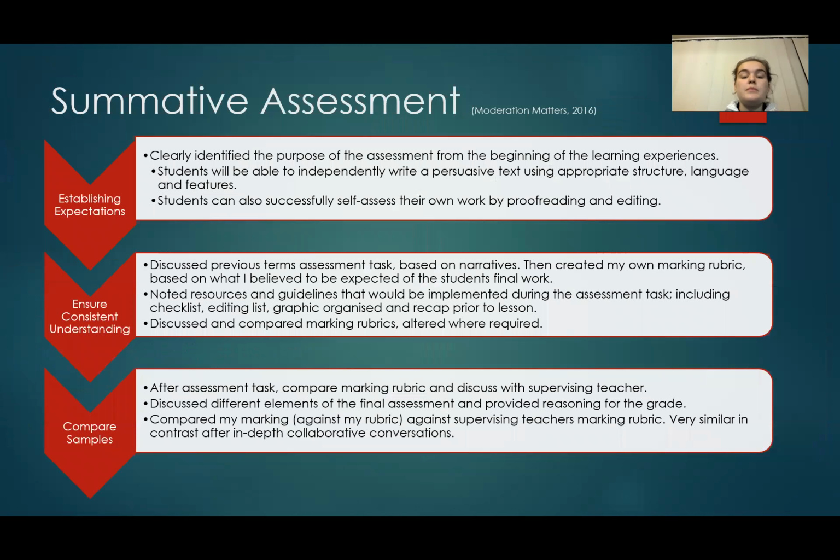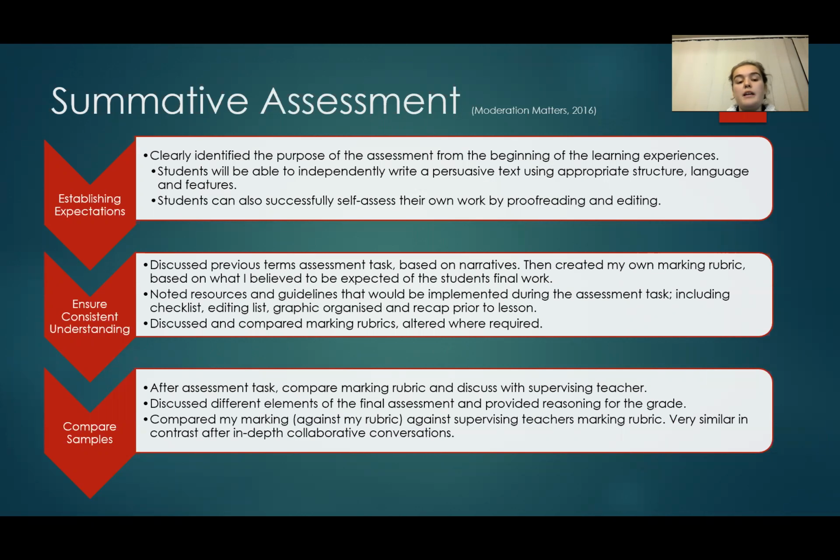I also did a summative assessment collaboratively with my supervising teacher. We clearly outlined what we needed to do by establishing the expectations. We ensured consistent understanding with our criteria that we created. I created one, they created one, as theirs had to be based on the other Year 3 teachers as well.